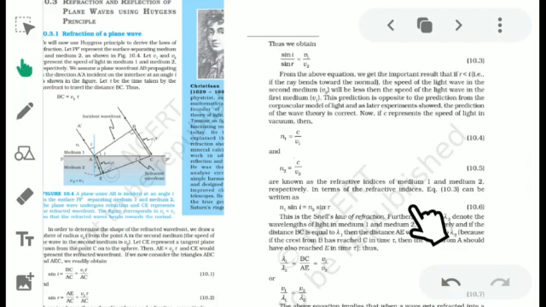So we can see that v1 by lambda 1 is equal to v2 by lambda 2. That is a constant, that is the frequency of the light wave. So the frequency of the light wave will not change when the ray enters from one medium to another medium.